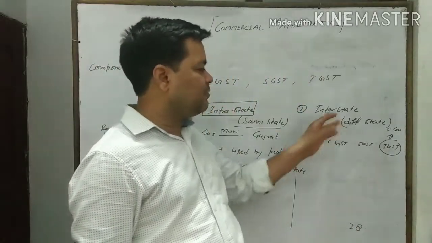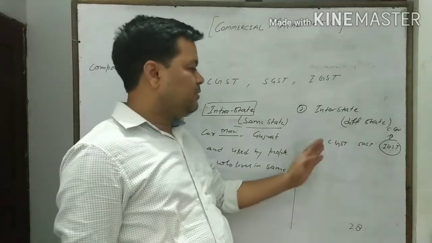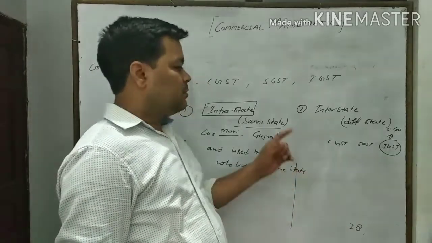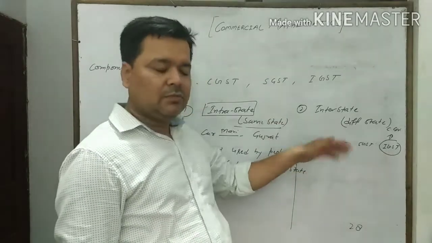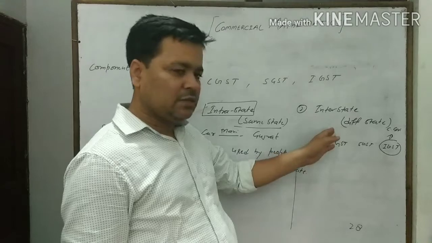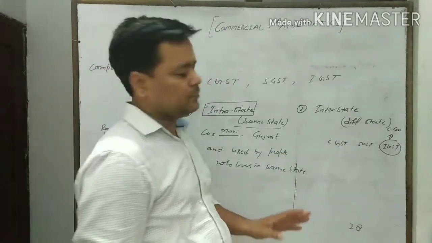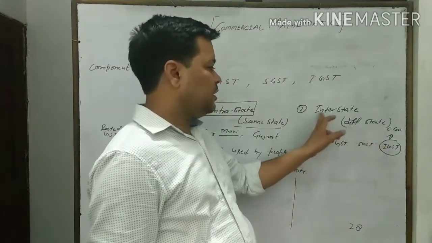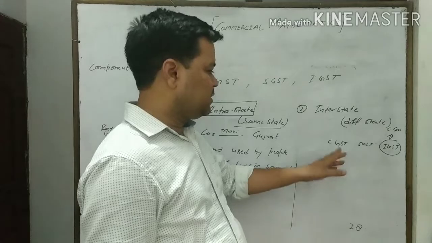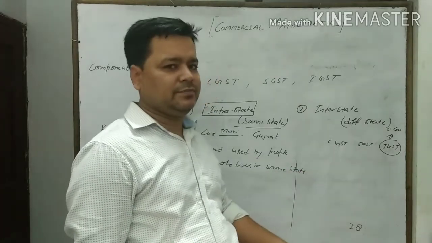Try to understand. In the case of interstate, this is the case when a manufacturing company manufactures a car in a particular state, take for example Gujarat, but the people who live in Maharashtra use that car. In this case, CGST and SGST are not calculated separately.